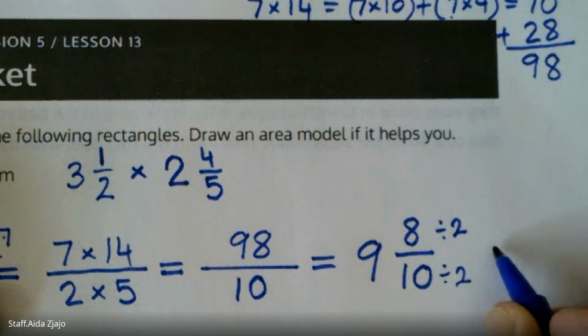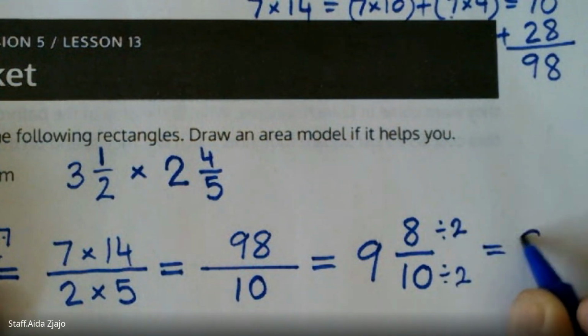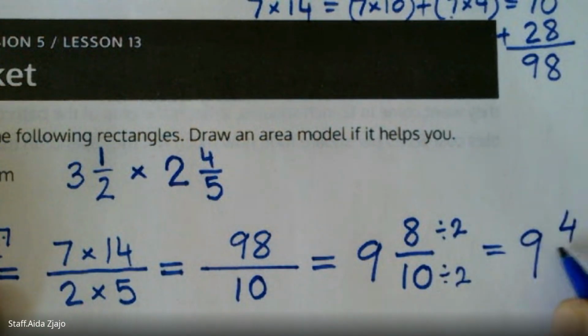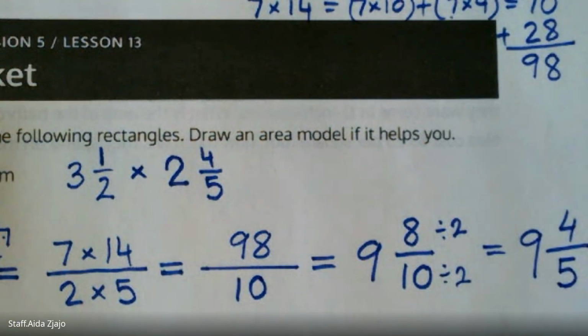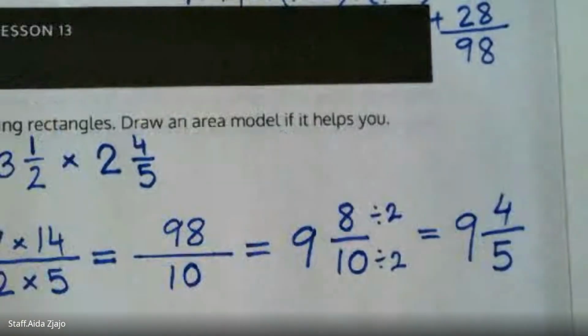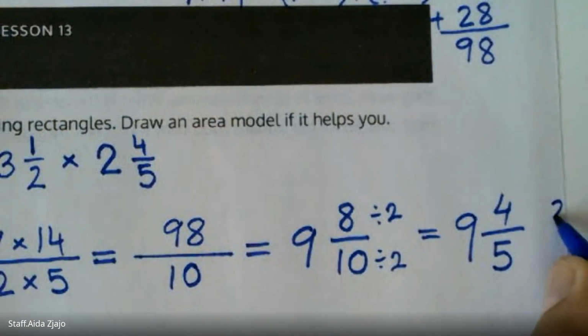And then finally, 8 divided by 2 is 4, and 10 divided by 2 is 5. The answer is 9 and 4/5 millimeters squared.